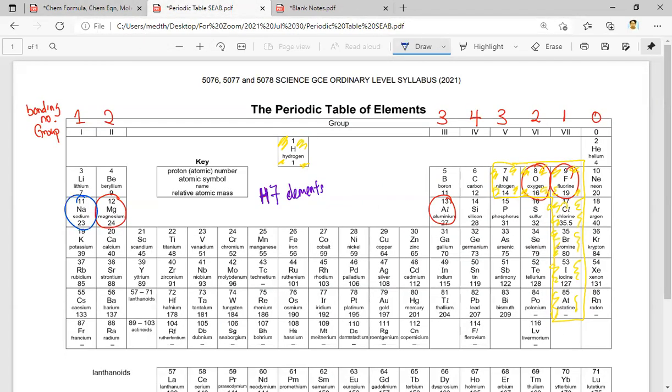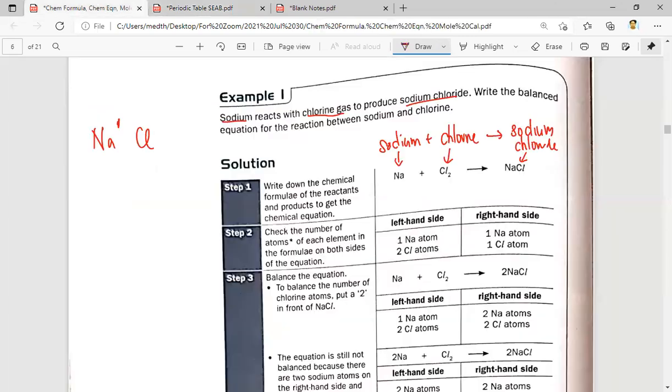Chlorine is over here, bonding number 1. Crisscross, Na1Cl1. In chemistry, we don't like to write the 1, it's not necessary, so we simplify it to NaCl. That's why sodium chloride is NaCl.